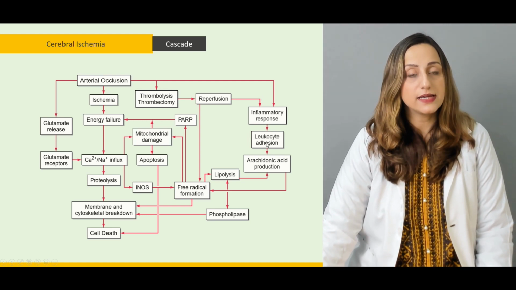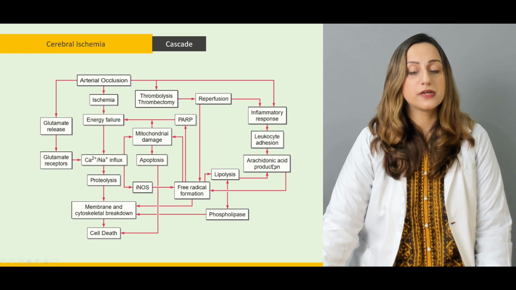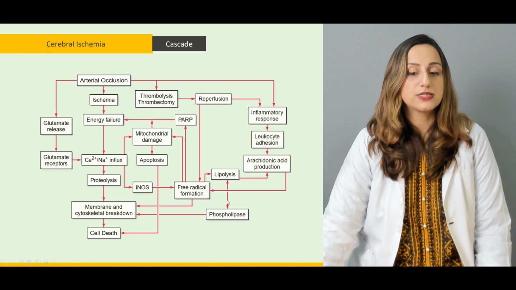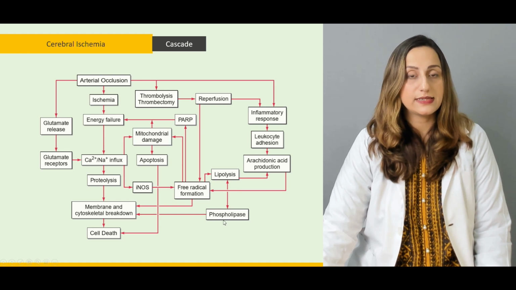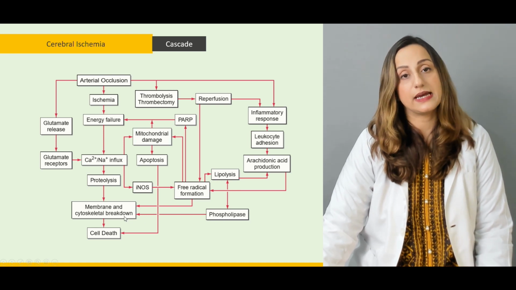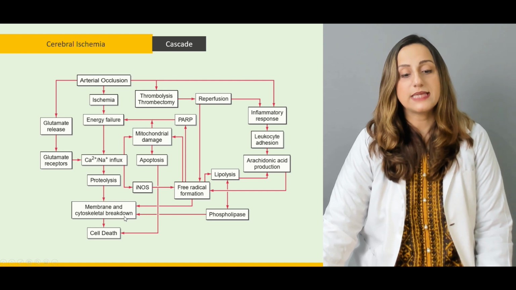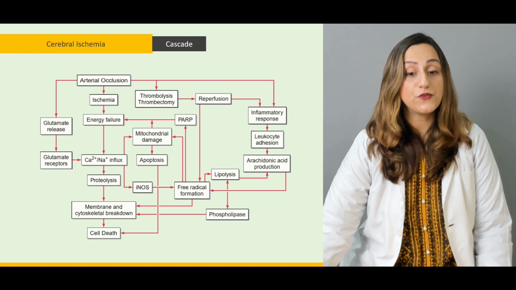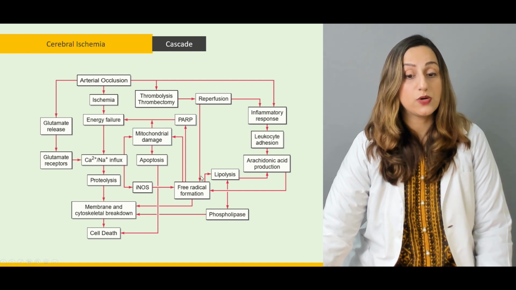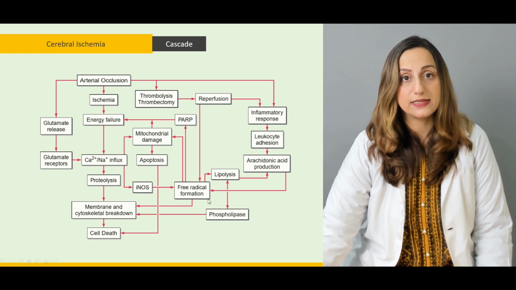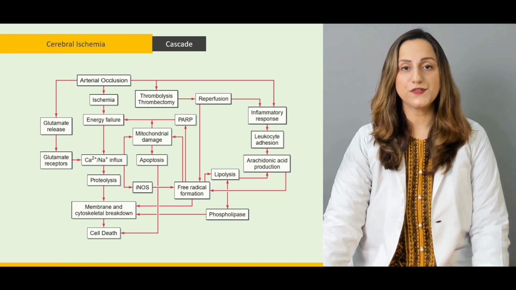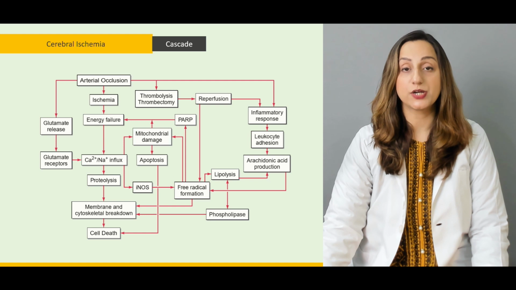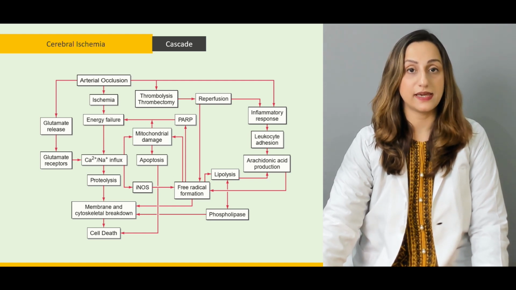The leukocytic addition is going to give rise to arachidonic acid production, which can cause the phospholipases to get activated, and they can also give rise to membrane and cytoskeletal breakdown. Then the formation of free radicals is again going to cause damage to the brain cells. All of these cascade of events, either necrotic or apoptotic, are going to result in cell death in the brain tissue.